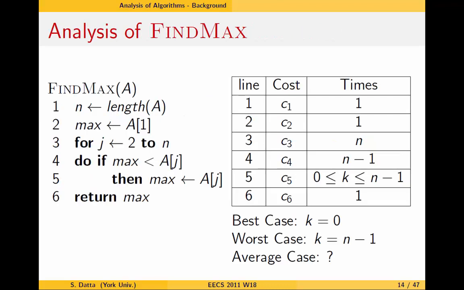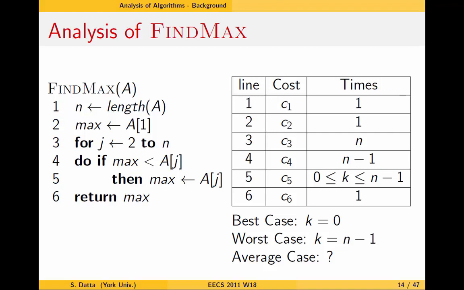So we want to analyze the running time. Maybe you've seen this for things this simple; if not, it's okay too. There are 6 lines of code, so for each line we are going to write down the cost and the number of times that line is executed.